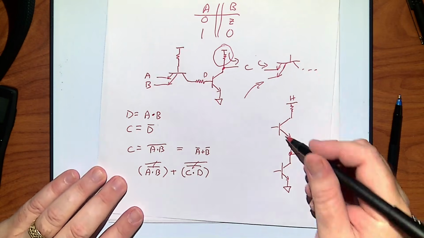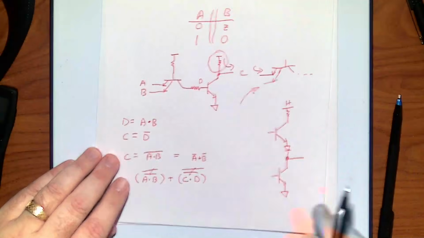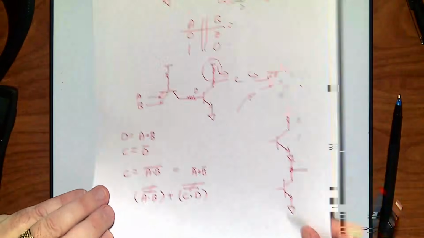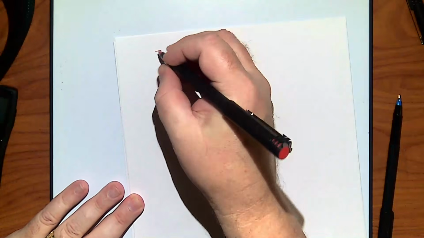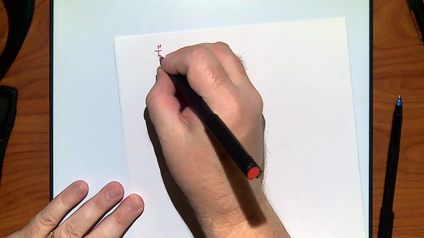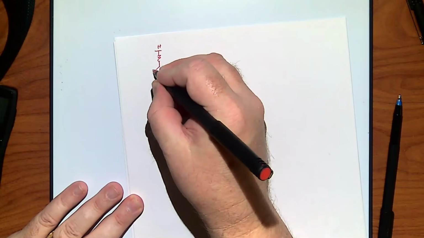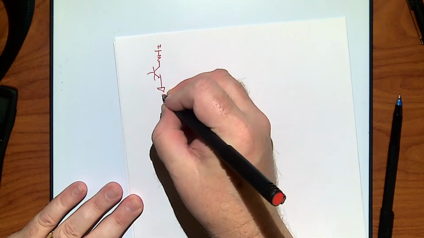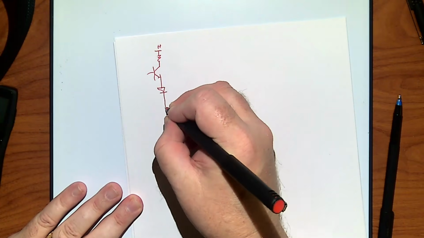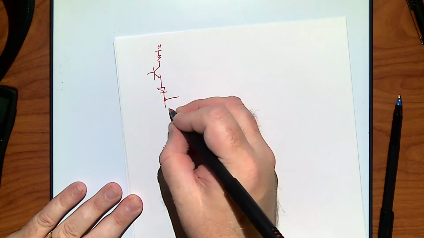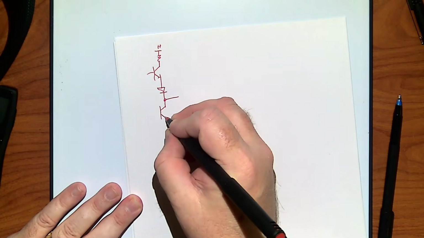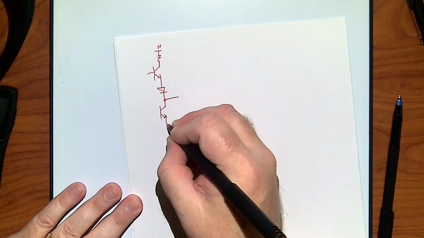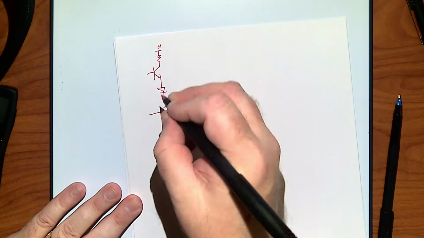So, let me just redraw this because I need to be able to make a little table and I didn't leave myself enough room. Okay, so real quick, we've got our high, goes through a resistor, top transistor, diode, output, bottom transistor, ground.